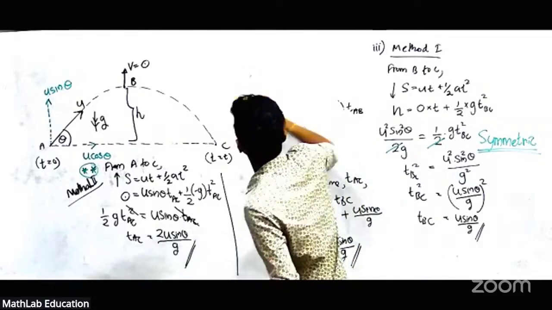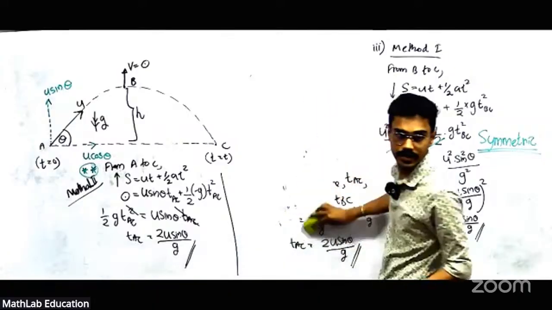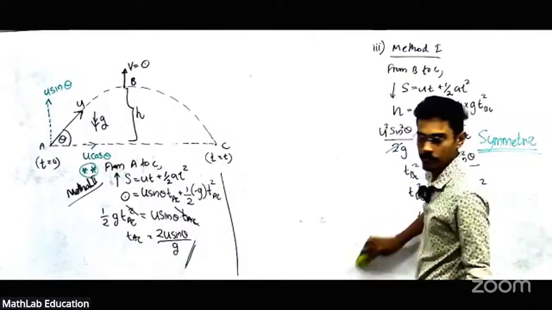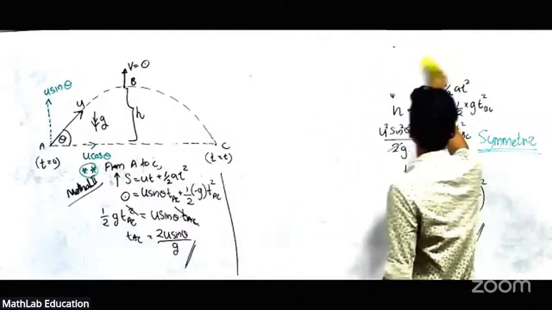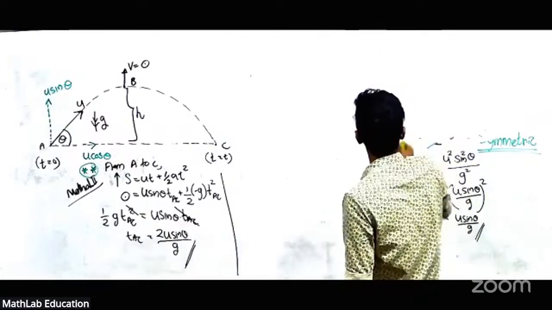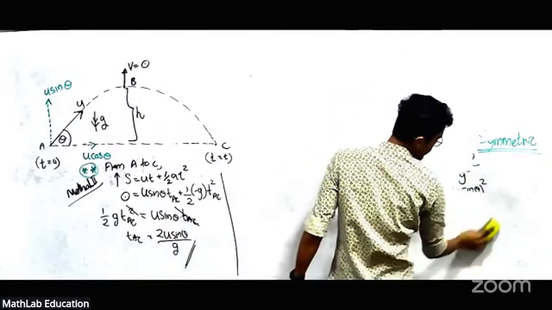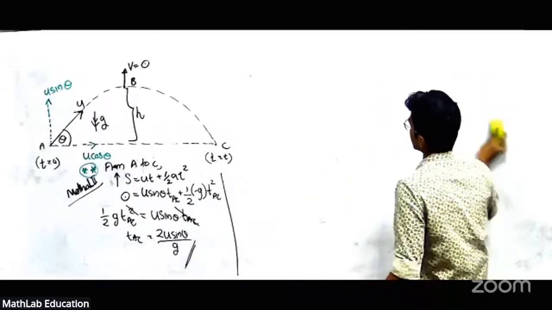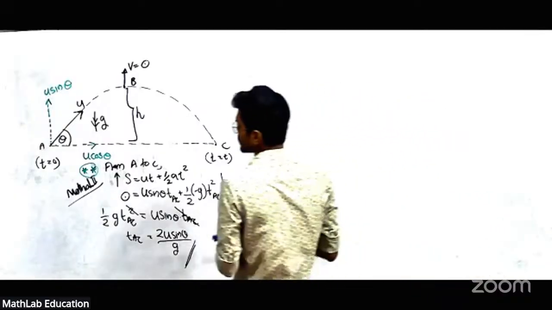What's the horizontal range of the above particle? Part 4.